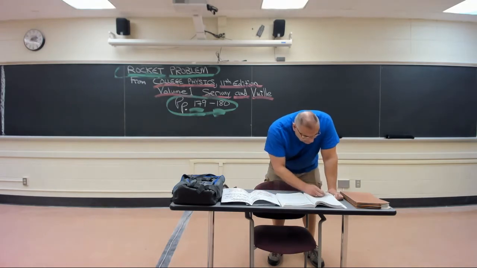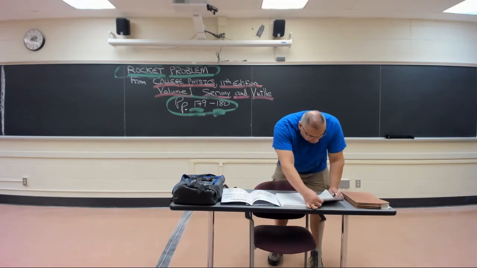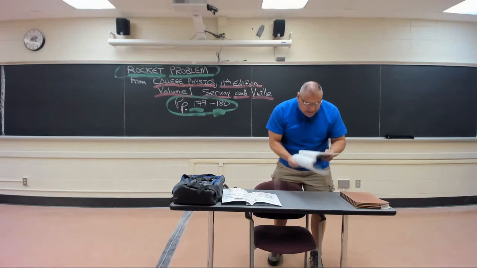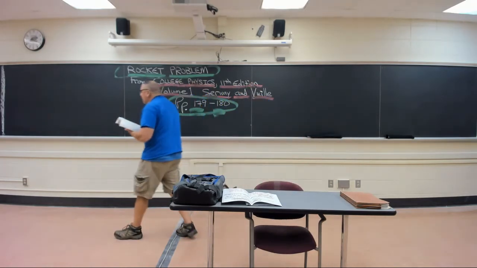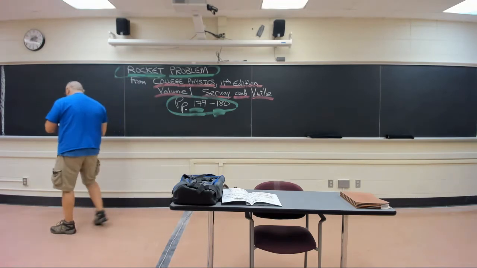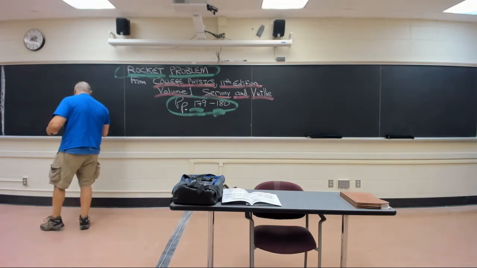So A, let's see what we've got here. Calculate the velocity at burnout, ignoring gravity and air drag. We know certain things just looking at the book, some of the formulas that are there, and we'll see what we can say about how fast something goes.